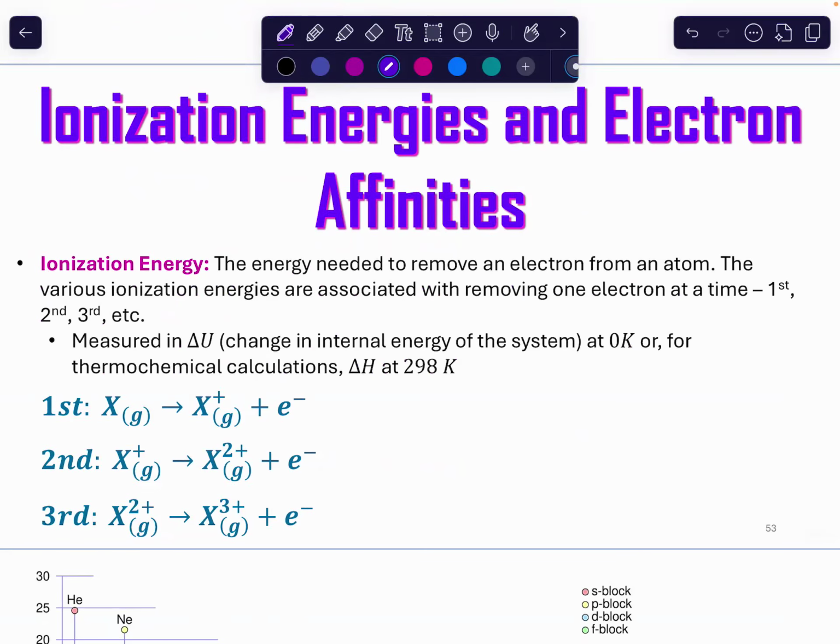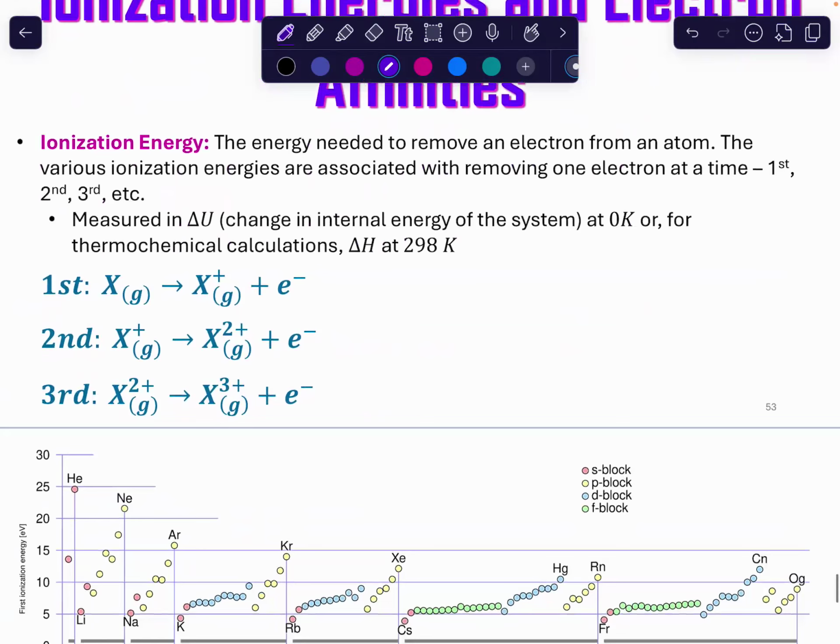So ionization energy. That's the energy needed to remove an electron from an atom. And of course, these ionization energies can go one after the other after the other. They're usually measured in delta U, which is internal energy at 0 Kelvin, or for thermochemical calculations, enthalpy, your delta H at 298 Kelvin.